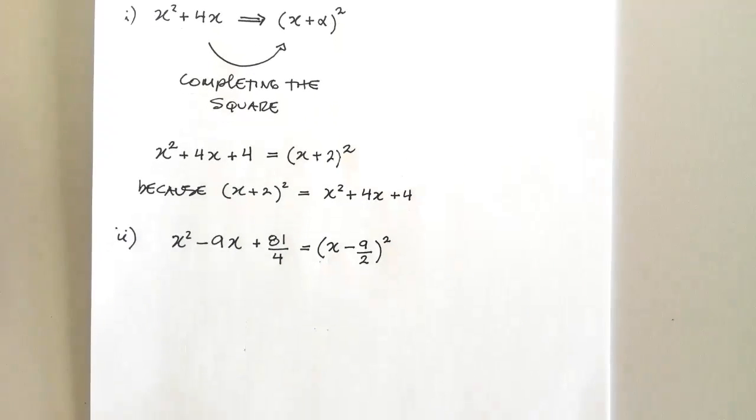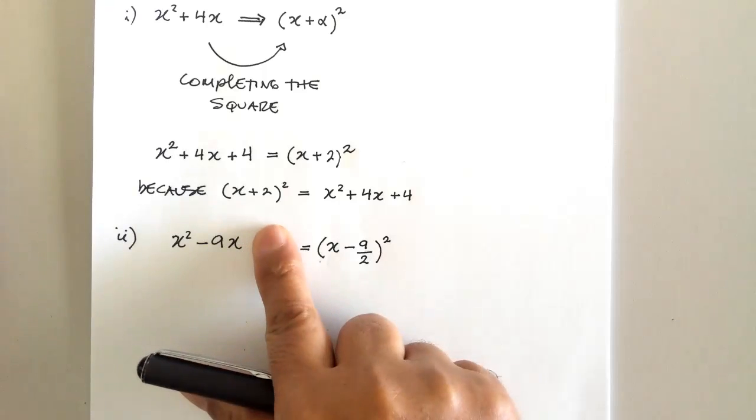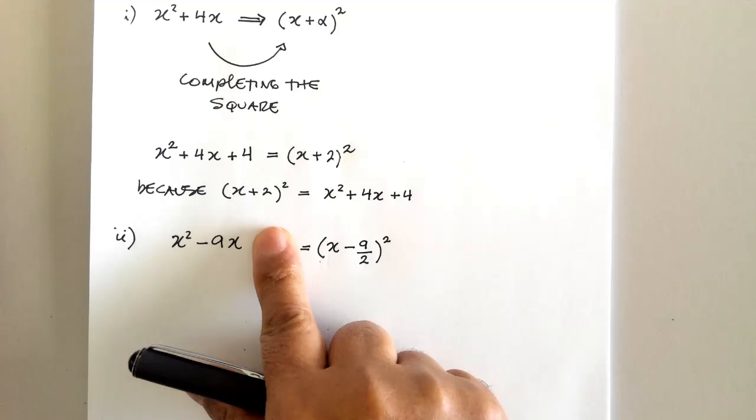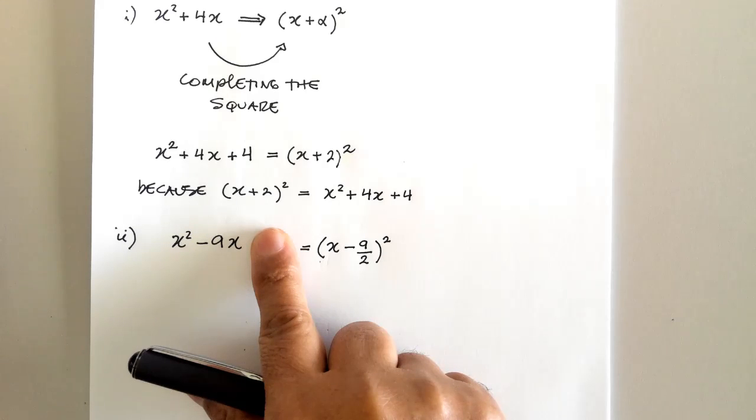And then for this one, we have x squared minus 9x. Again, the third term of this trinomial is missing. How are we going to find that? By doing what we did before.